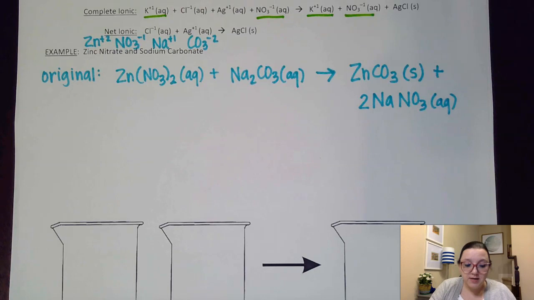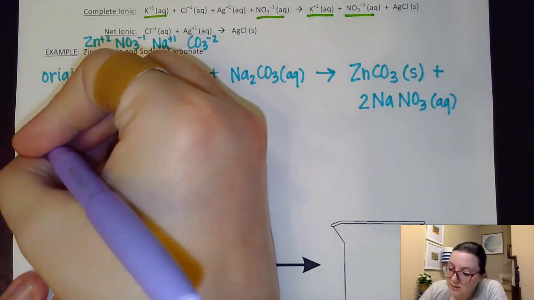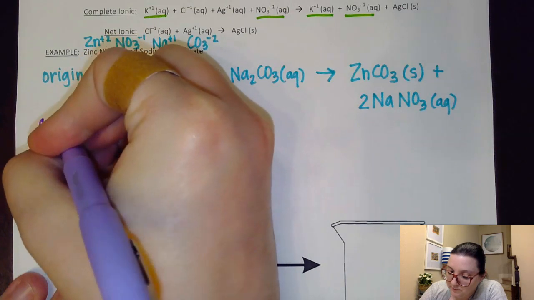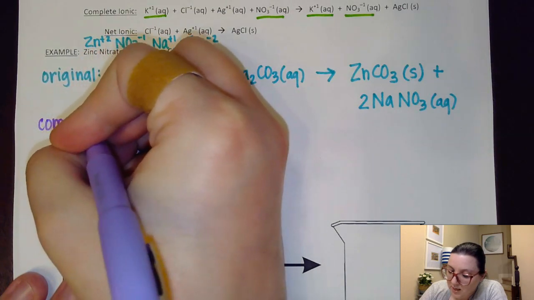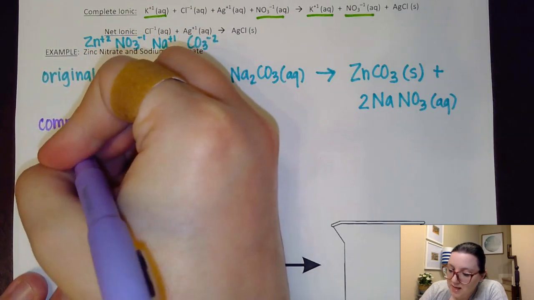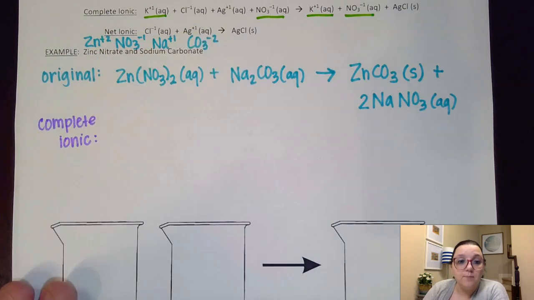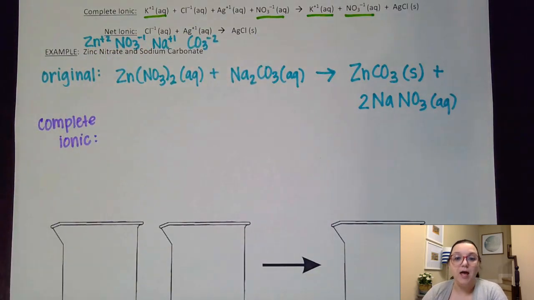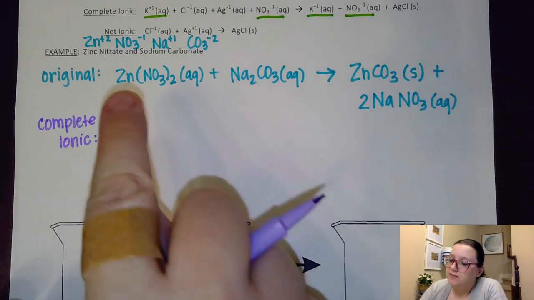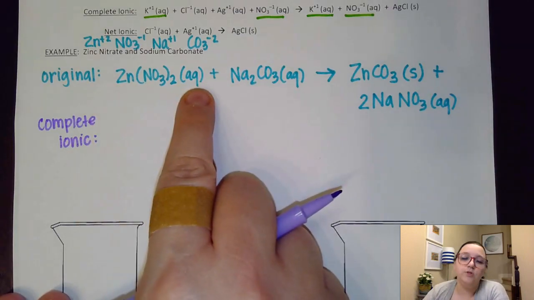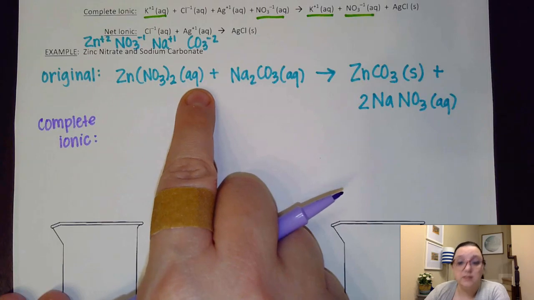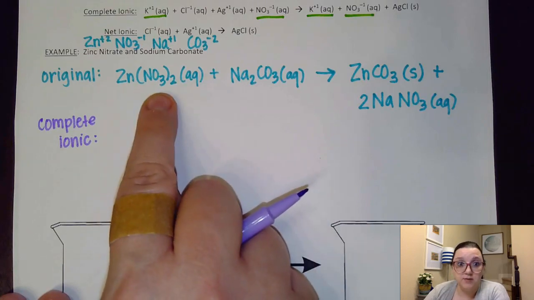All right, so the next thing I'm going to do is I'm going to write what we call a complete ionic equation. And what this does is it takes anything that would break up into ions in solution and show it broken up. So for example here, for this zinc nitrate, it's Aq, which means it does dissociate into ions because it was ionic to begin with.